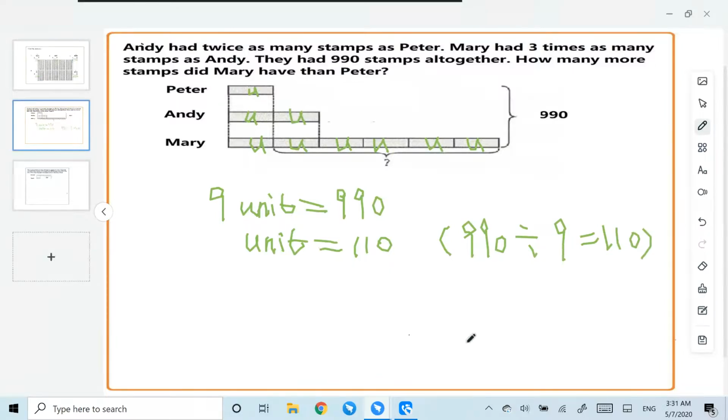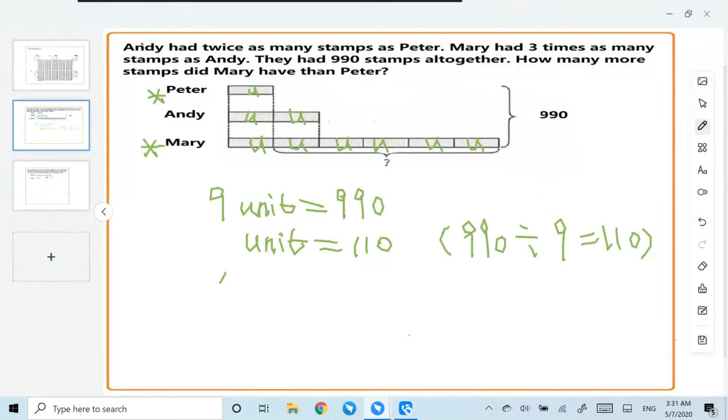Okay, now they are asking how many more stamps Mary had than Peter. So from the diagram, we can see Peter had 1, Mary had 1, 2, 3, 4, 5, 6. So Mary had 5 units more than Peter.